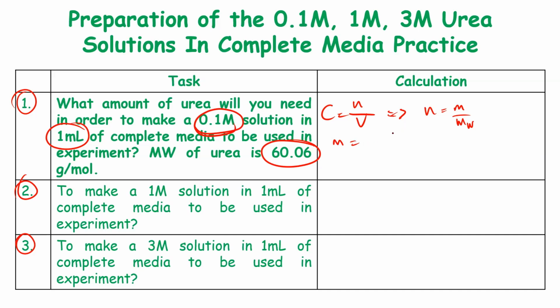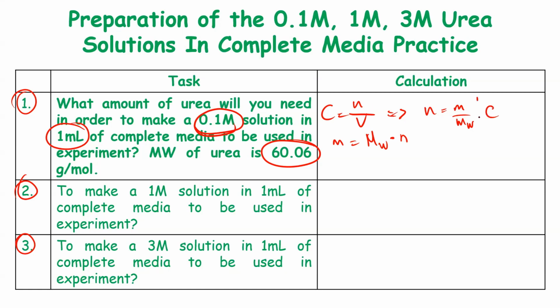It equals molecular weight multiplied by n, the mole. And I have to put this instead of n in the first formula. Okay, so what would it be? It will be C equals molecular weight multiplied by n divided by volume. Just a second.